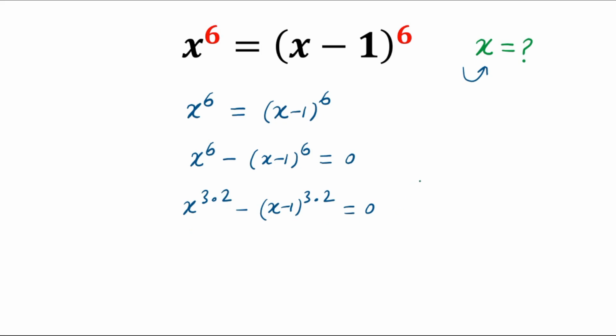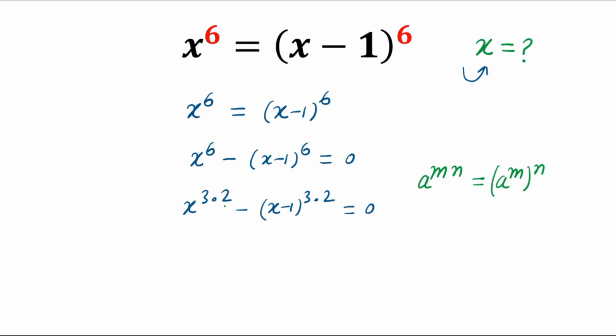Now look carefully at this term x power 3 times 2. We know the base and exponent rule, a power m times n is equal to (a power m) whole power n. Here x behaves like a, 3 behaves like m, and 2 behaves like n.